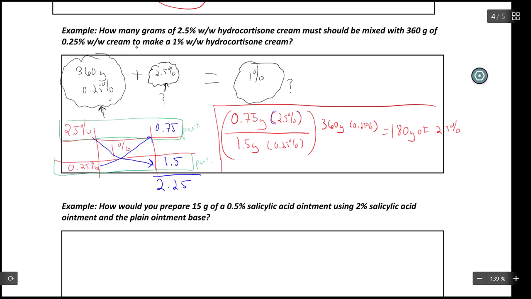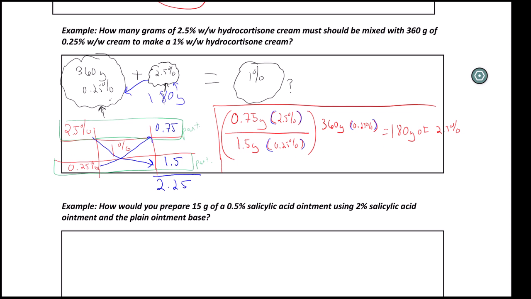Now keep in mind, this is not part of the equation. This is the unit description, right? Here, here, here. So don't add these in. You're looking at 0.75, 1.5, and 360. 180 grams of the 2.5. So if I was to take 180 grams of this 2.5, I can mix it with the 360, and that will give me a 1% cream.